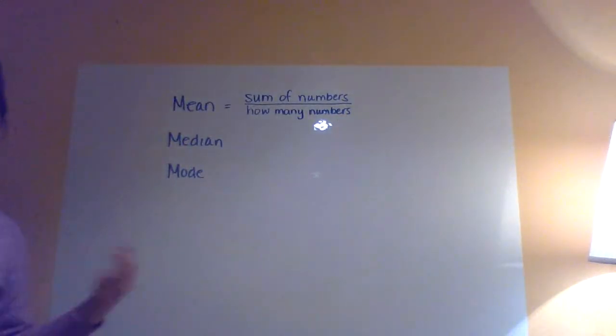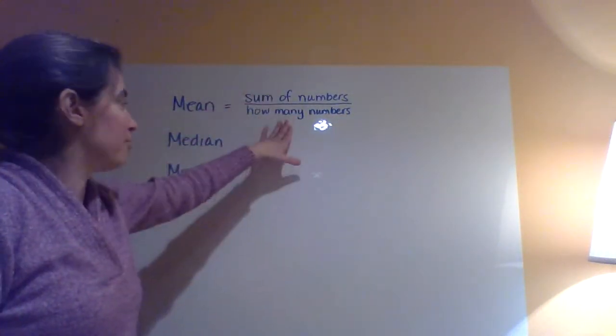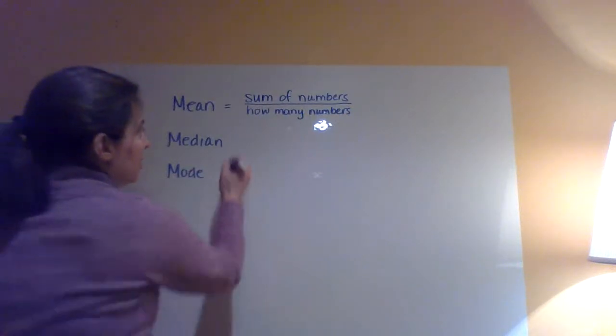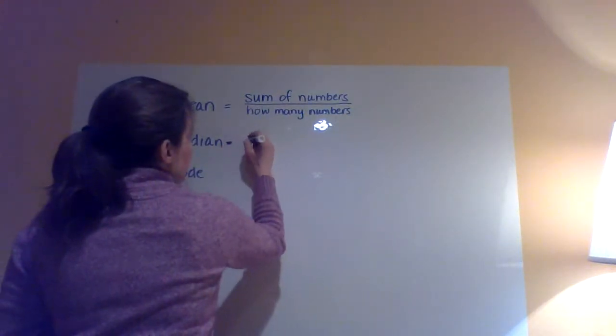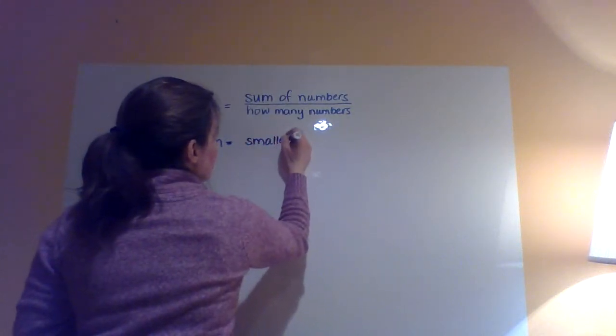Okay, so if we're given 5 test scores to find the mean, we would add them up and then divide by 5. The median, to find the median, we put the numbers in order from smallest to largest.